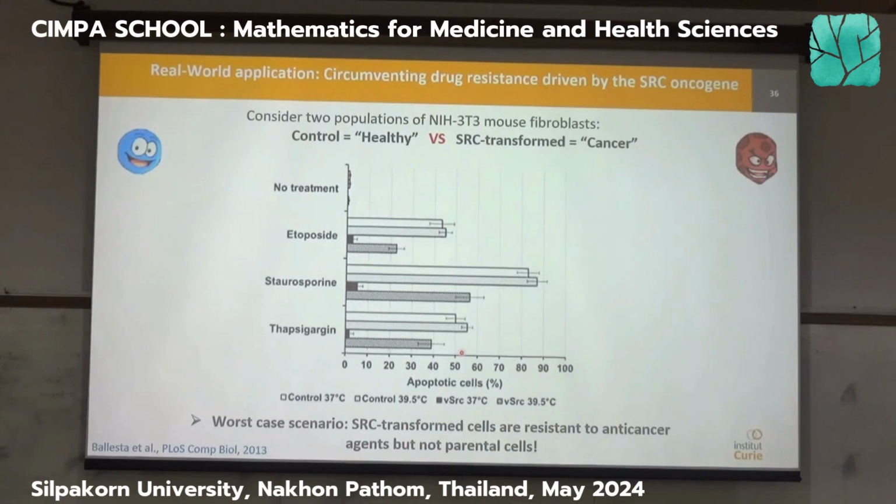We have the normal cells, which are non-transformed. And then we have what we call the cancer cells, which are transformed, and they overexpress Src. This is called vSrc. That's this guy, okay? vSrc transformed.